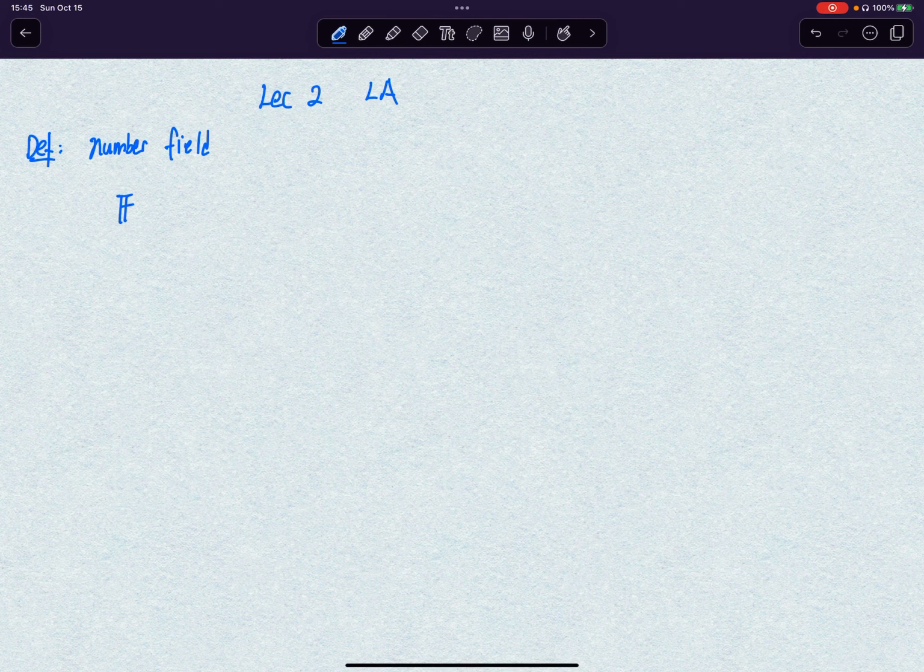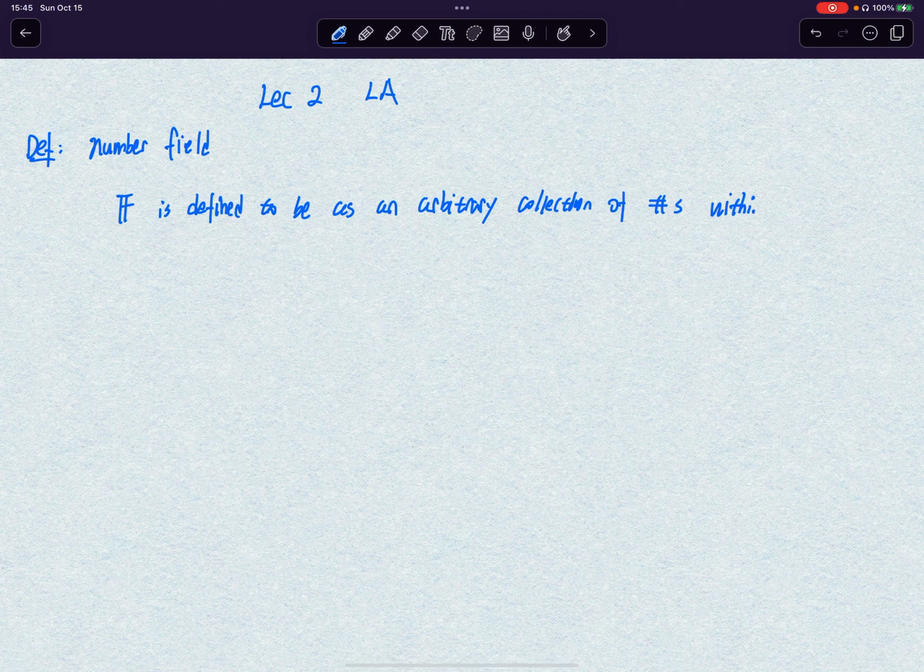So a number field is denoted by F. It is defined to be an arbitrary collection of numbers within which the addition, subtraction, multiplication, and the division by a non-zero number can always be carried out.